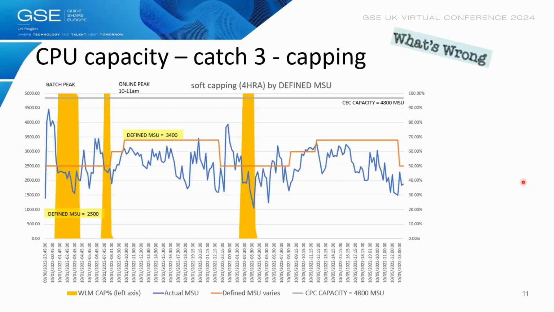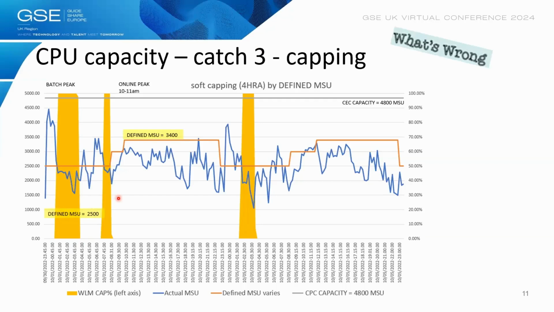So here is one example from one customer. What is wrong here? We have defined so-called soft capping. Soft capping is the way to cap our CPU capacity by defining an MSU that we don't want to exceed during our 4 hours rolling average.